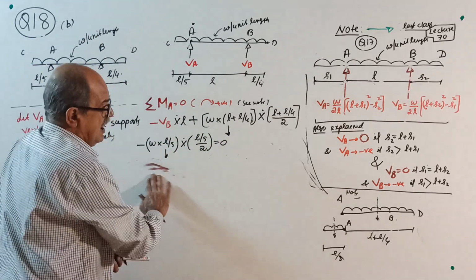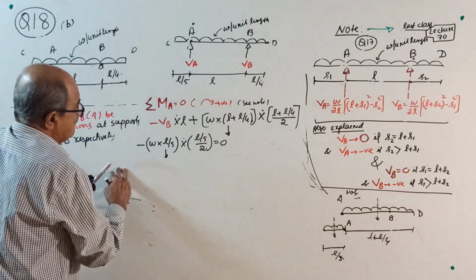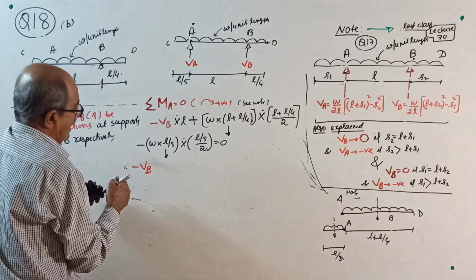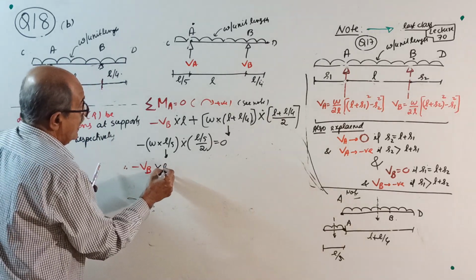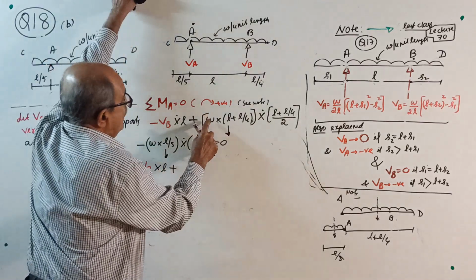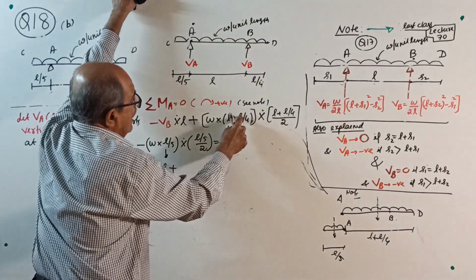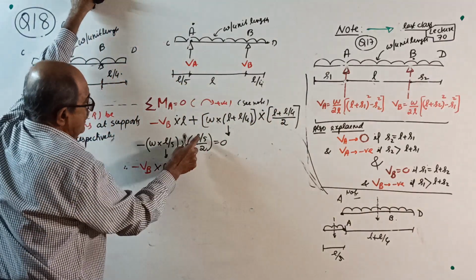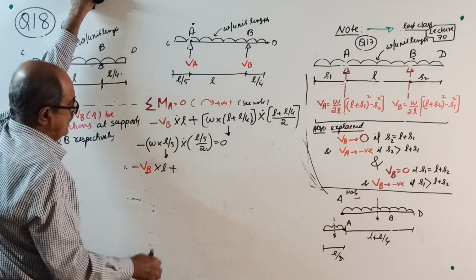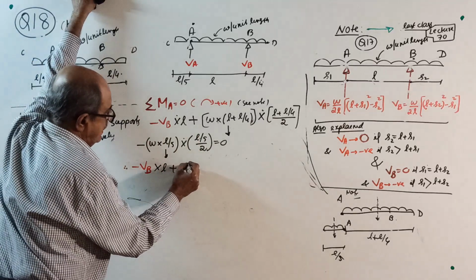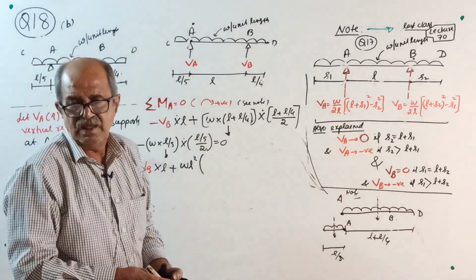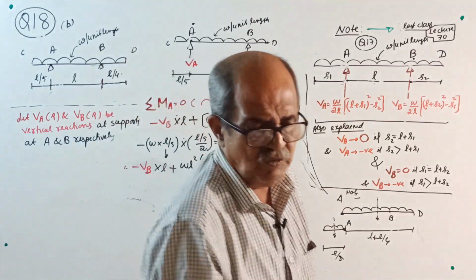Only this time I write a step here. So, next time I won't write. Therefore, you get minus VB into L plus WL square outside. So, plus WL square times a number will come. How to calculate the number?